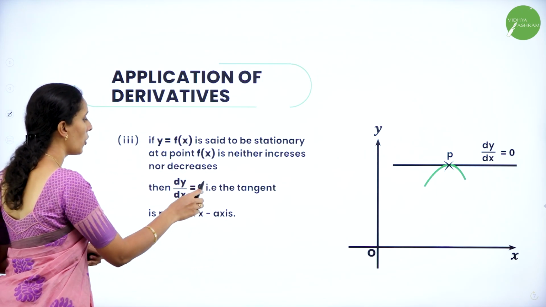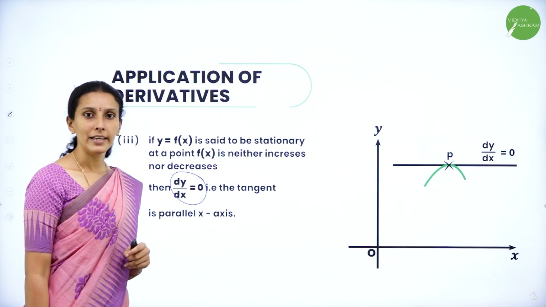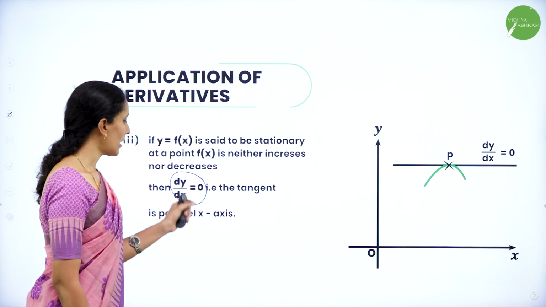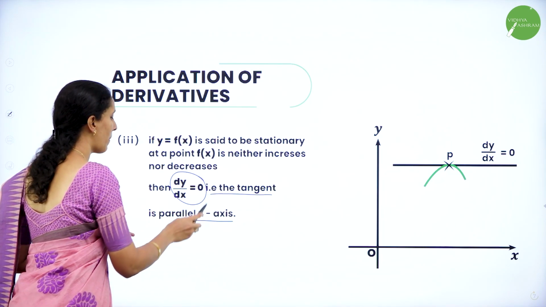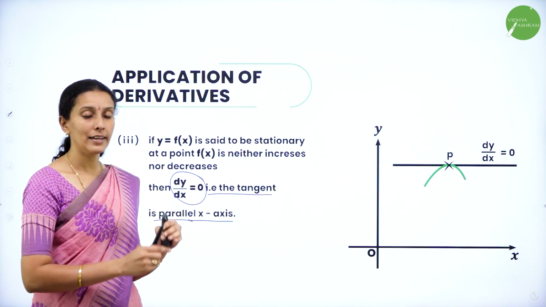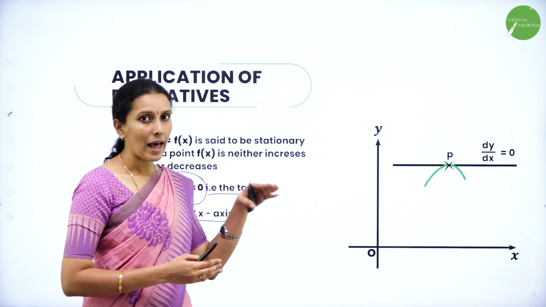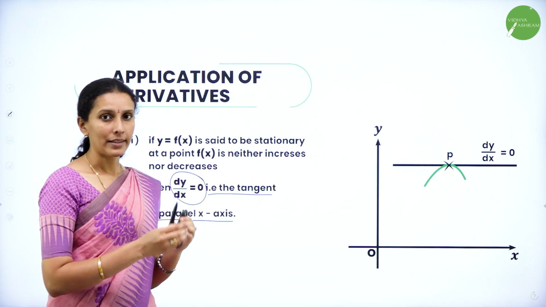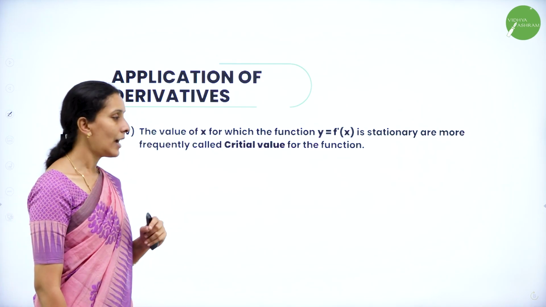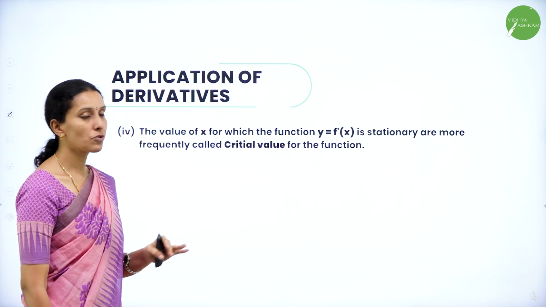The stationary point is nothing but there the function is neither increasing nor decreasing. At that point, we write dy by dx is equal to 0. That means it is tangent to the x-axis, tangent parallel to the x-axis. Clearly, we can draw a line which is parallel to x-axis and touch the curve at that point. So, at that point, we can find the values of x.